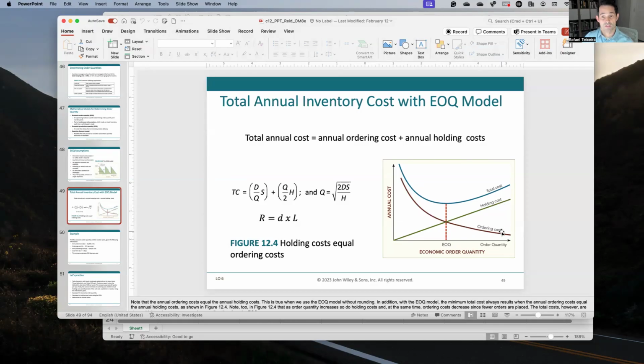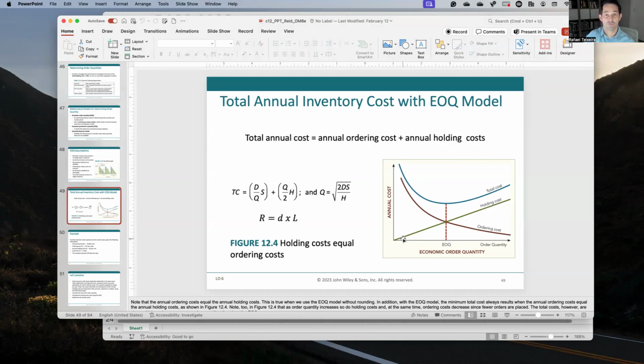So they're opposite. When you order a lot, you reduce the ordering cost because you don't have to place too many orders, but then you have to carry too much in inventory. And on the opposite, imagine a hypothetical situation where you place an order of one unit every day.